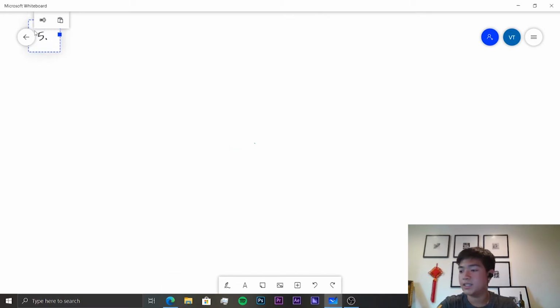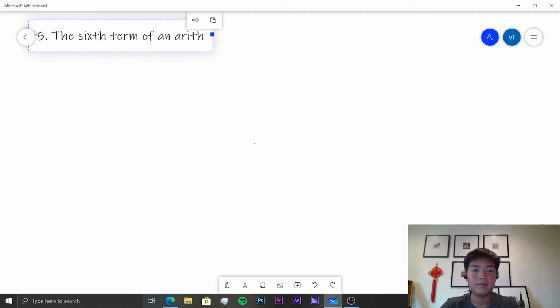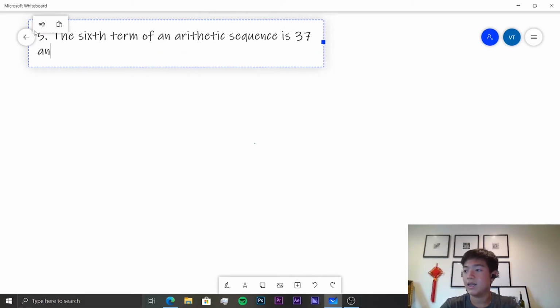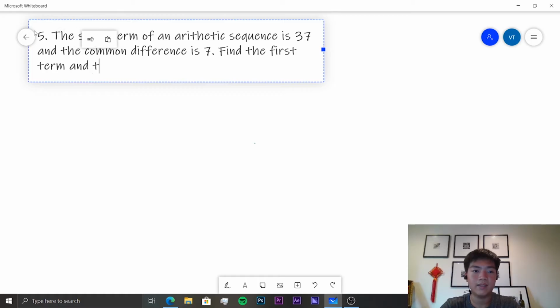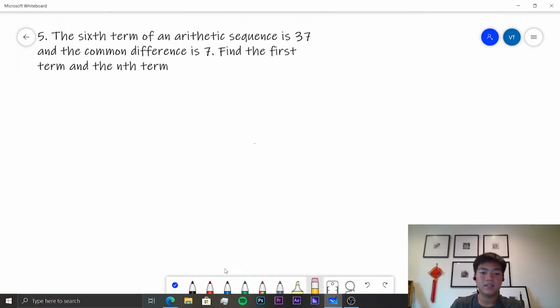Our next question is: the sixth term of an arithmetic sequence is 37 and the common difference is 7. Find the first term and the nth term. Okay, so we know that the sixth term, u6, is equal to 37.